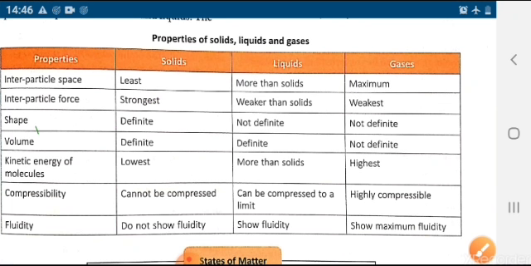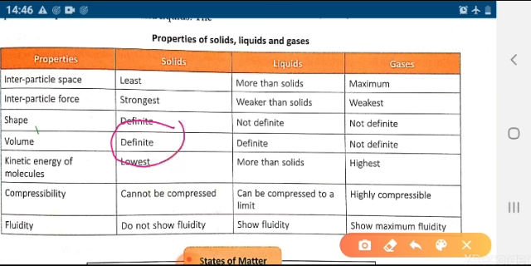Whereas in case of liquid, it is not definite, and in case of gases also, it is indefinite. Volume, you can see that the volume in case of solid is definite, and in case of liquid also it is definite, but the shape of liquid is not definite.